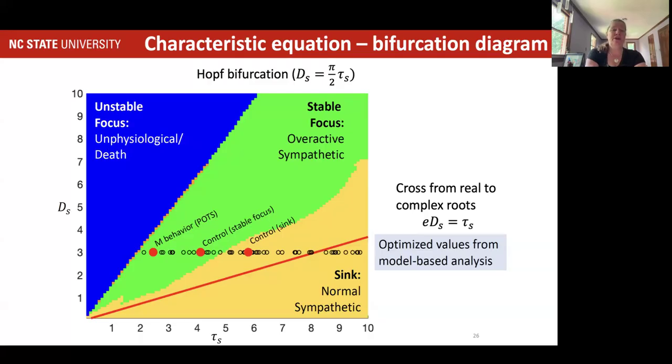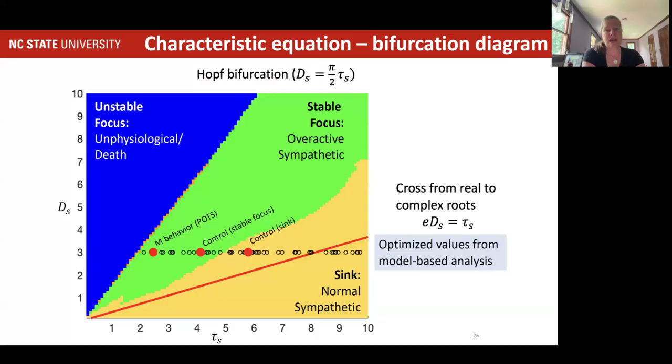Now, we have an unstable focus on the left side of the Hopf bifurcation, which really would mean unphysiological behavior. So we never saw any patients that had that type of behavior. We had a region where we had a stable focus, which really translates to an overactive sympathetic response. And some of our patients, especially the POTS patients, seem to all fall in that group.